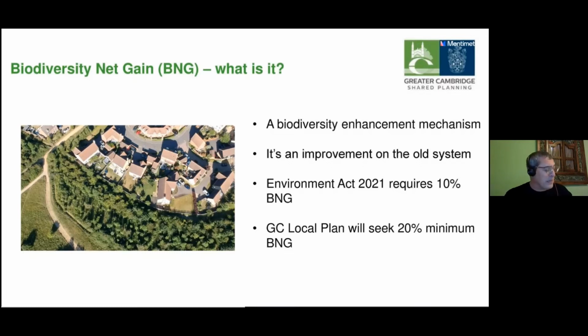And so we then came forward with this thing called biodiversity net gain, where instead of just saying we're not going to lose any biodiversity, the approach now is we're going to actually increase the biodiversity as a result of the development. Now, going back to 2012, the National Planning Policy Framework document talked about measurable net gain.